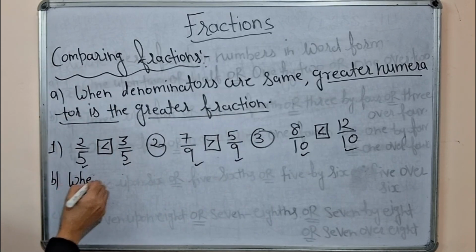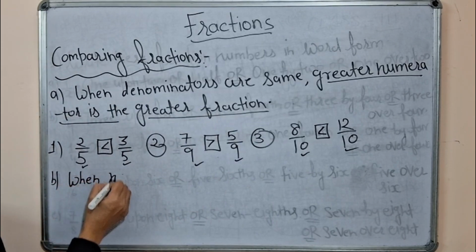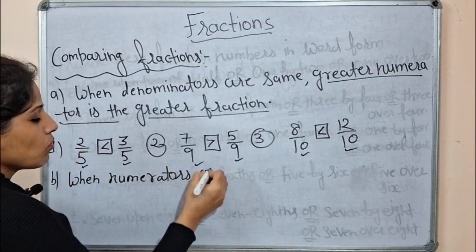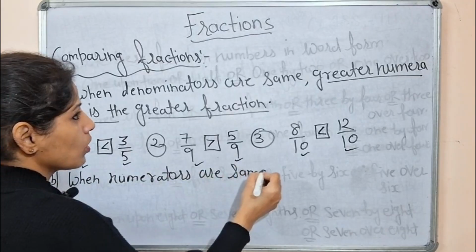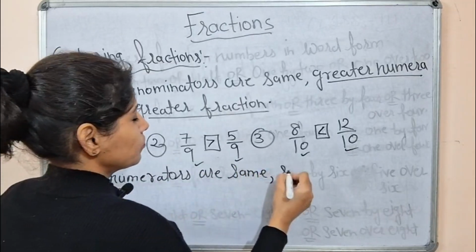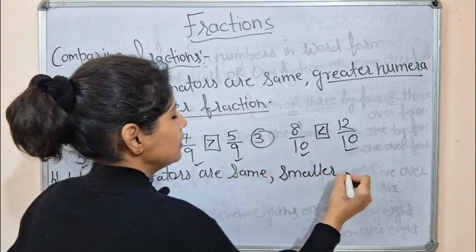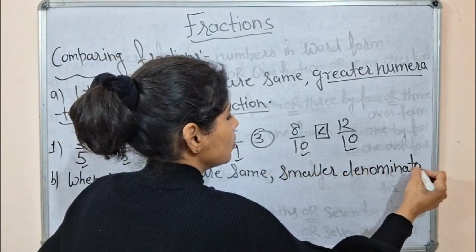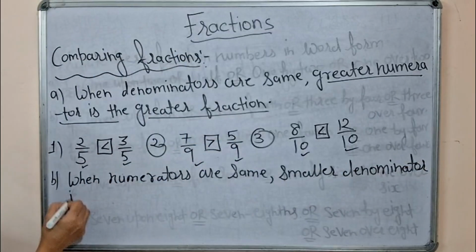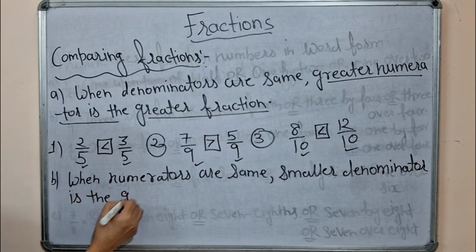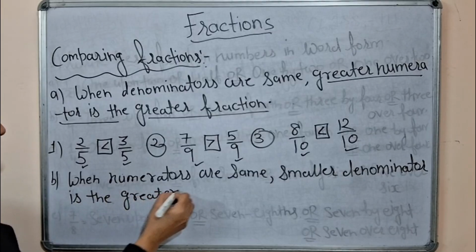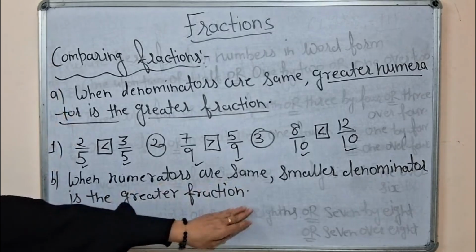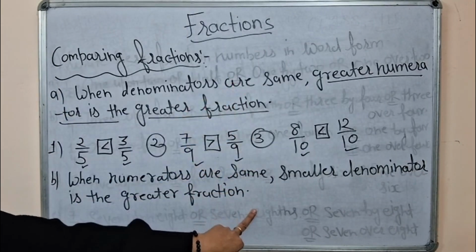Rule B says when numerators are same, then smaller denominator is the greater fraction. Now you can see this rule is quite opposite of rule A, right?